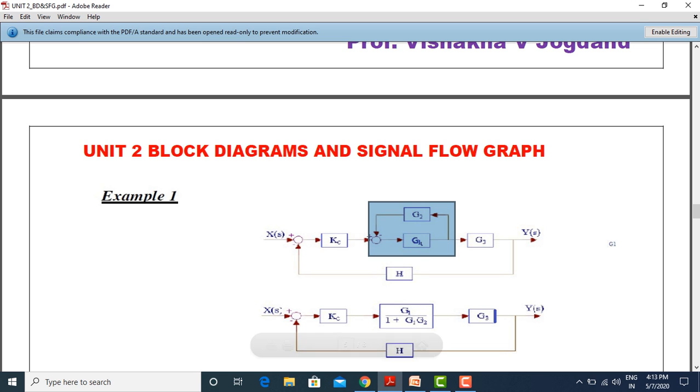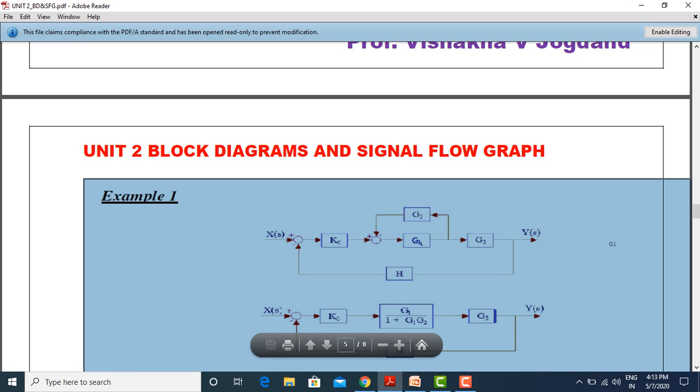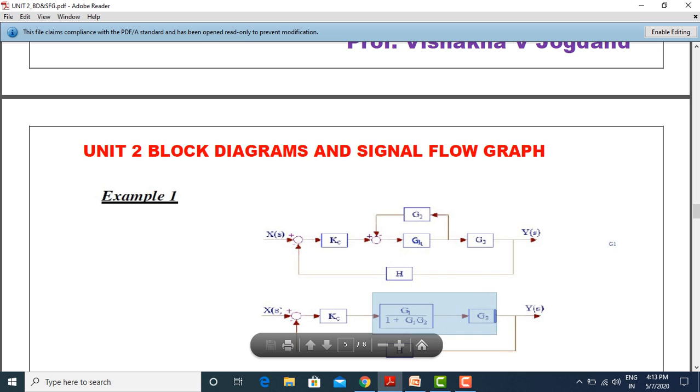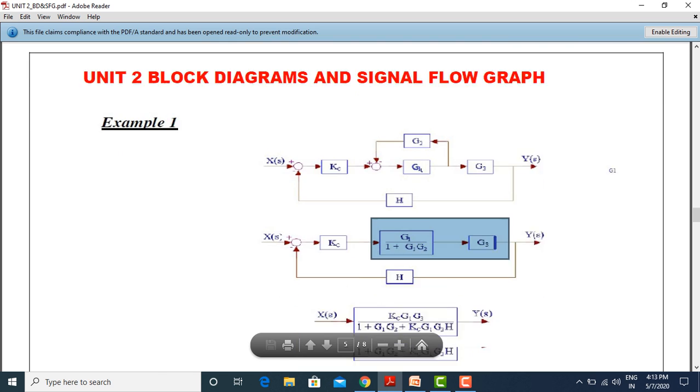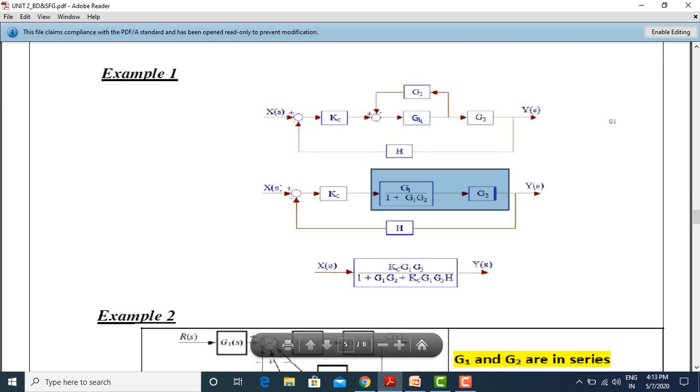Then secondly, this will be in series with G3. There is no takeoff point and summing point in between them, so we can apply the first rule again. It is in series, so kindly take it in one block: G1 G3 upon 1 plus G1 G2.